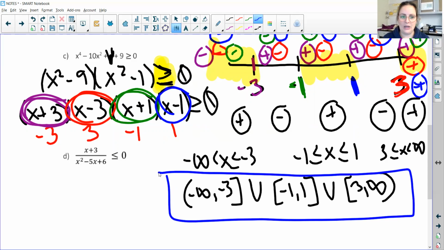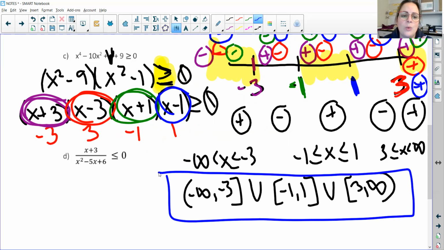So hopefully that helps. The last example, I'm not going to go over it in the notes, but it applies the same way. You would factor that denominator and you would have a numerator divided by a denominator, but in the grand scheme of things, you treat it exactly the same. You're just looking for the number of negative factors versus positive factors for each section.